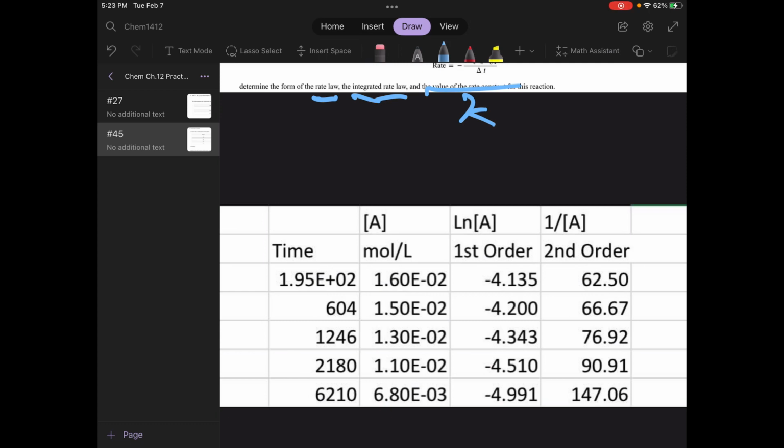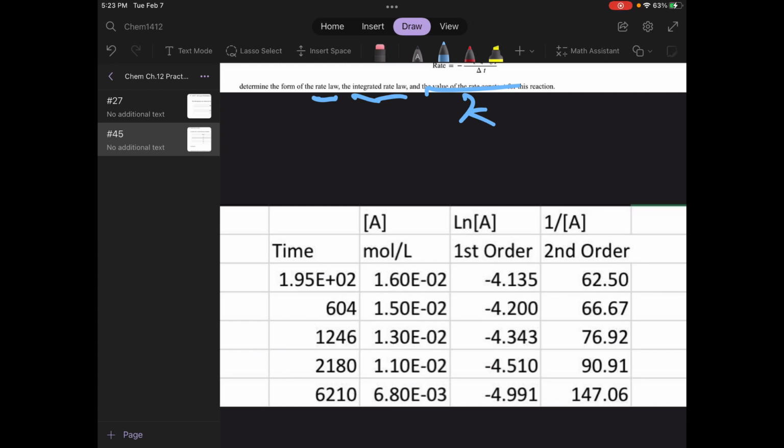We know, through our magic calculus box and also in our cheat sheet, that the natural log of molarity is a first order rate, and the inverse molarity is a second order. So we look at these values; we could take the slope of each, and whichever one has the most consistent slope tells us the order.